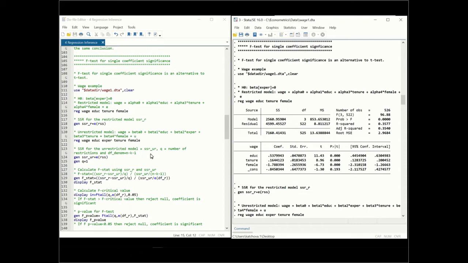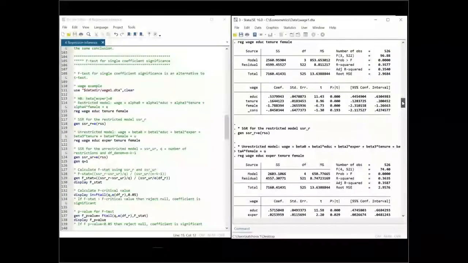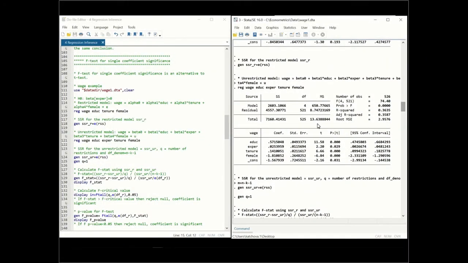So we would be calling it the SSR underscore unrestricted, and Q here would be the number of restrictions, which is 1 because we have one coefficient that we're testing, and then we're picking up the sum of squared residuals for the unrestricted model as the same e(rss). So this one would be picked up from the unrestricted model, which is this value right here.